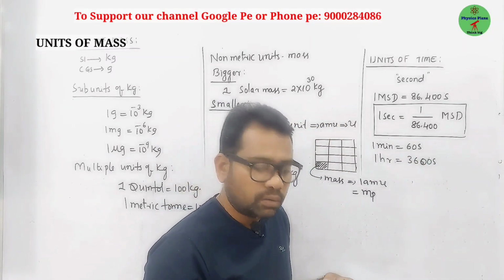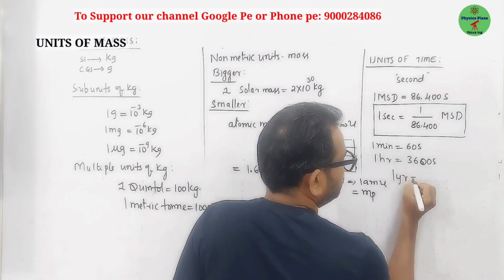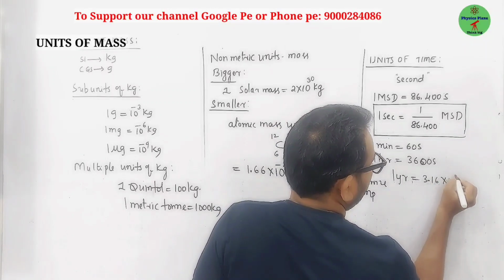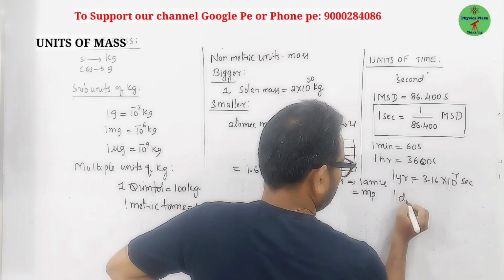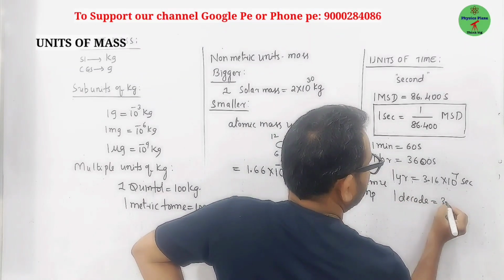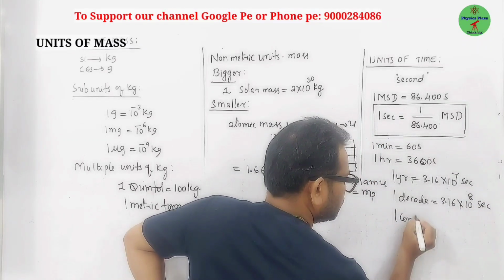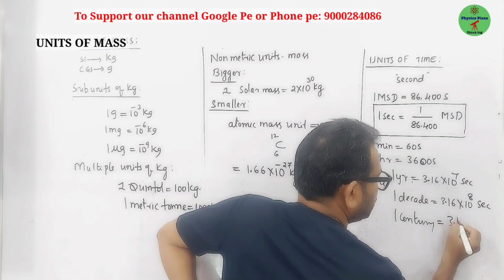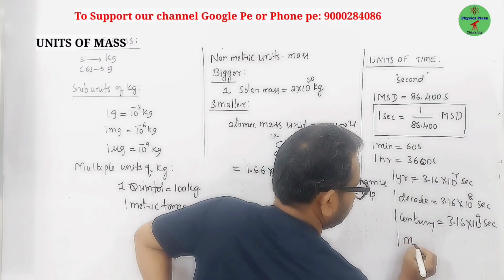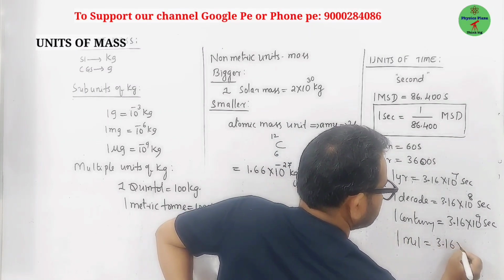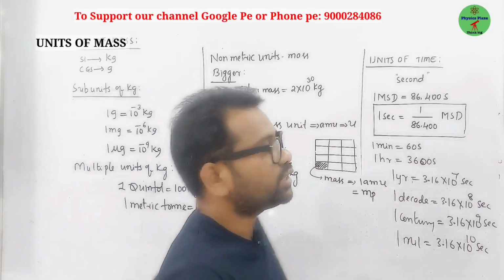Like that, 1 day is equal to 24 into 60 into 60 seconds. 1 year is equal to 3.16 into 10 to the power of 7 seconds. 1 decade is equal to 3.16 into 10 to the power of 8 seconds, 1 century is 3.16 into 10 to the power of 9 seconds, and 1 millennium is 3.16 into 10 to the power of 10 seconds. So these are the units of time.